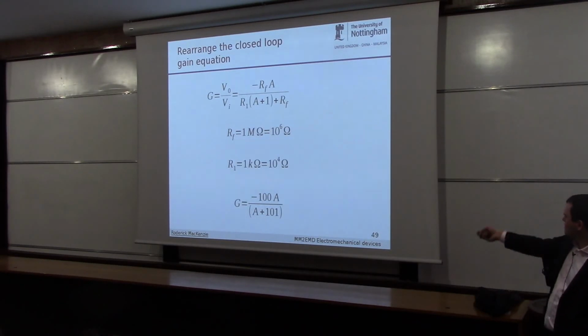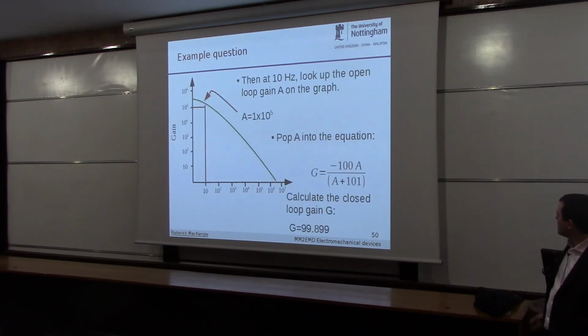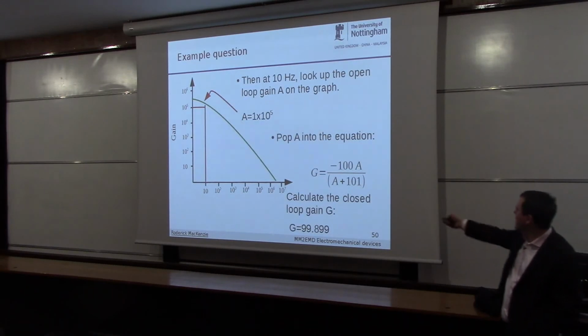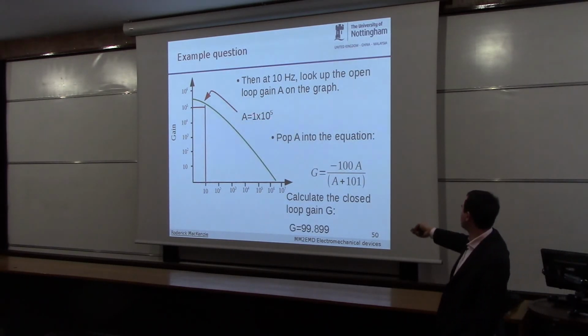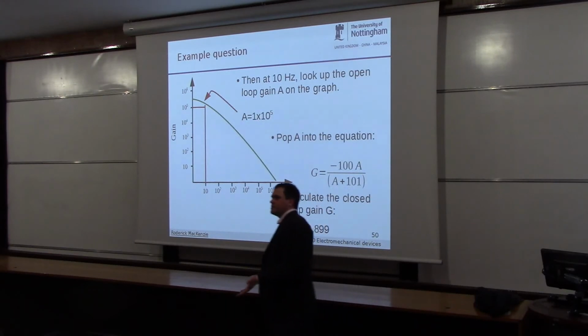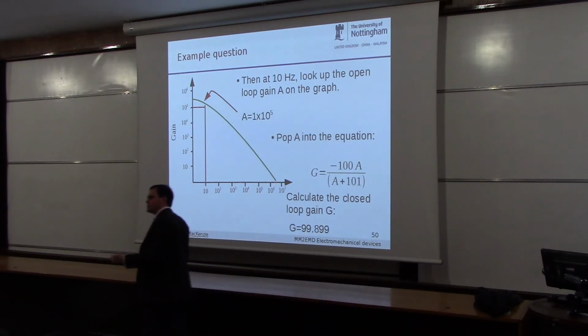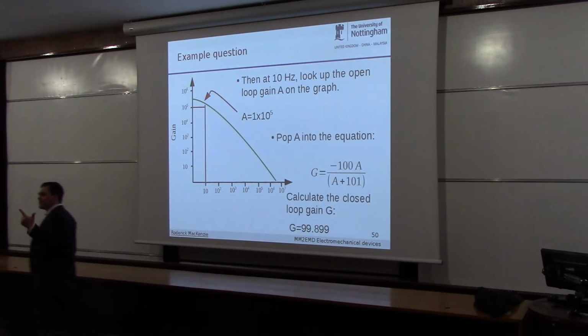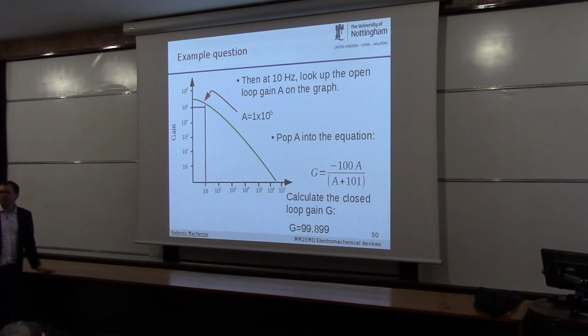Then at 10 hertz, A equals 1 times 10 to the 5, pop that in there, and the gain would be a factor of 100, about. So that would be what I'd expect you to do in the exam. You might need to know the equation, be able to read off the graph, the gain, the frequency, and get a reasonable answer. Okay?